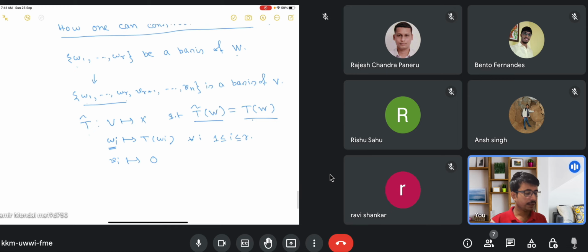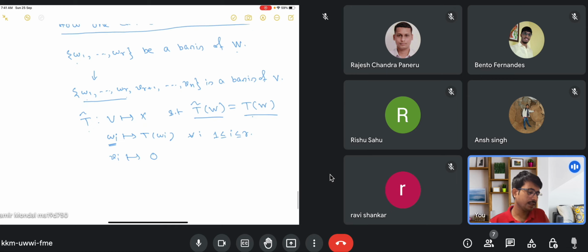So we can see that such a T tilde exists, but it's not unique, because someone can map this one, for r+1 up to j, with j less than or equal to n.